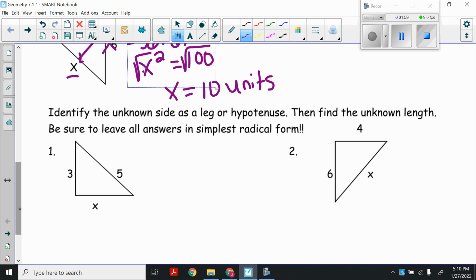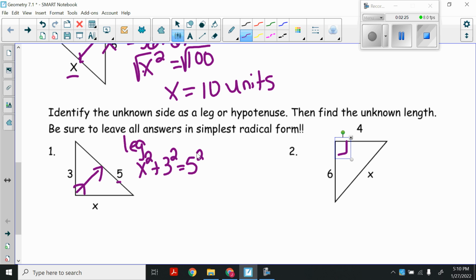So our next example, it says identify the unknown side as a leg or a hypotenuse, then find the unknown length. Be sure to leave all answers in simplest radical form. And again, I'm just going to add where our right angles are. So number 1, we notice that across from our right angle is the number 5. So we are looking for a leg. And so we're going to say x squared plus 3 squared equals 5 squared.